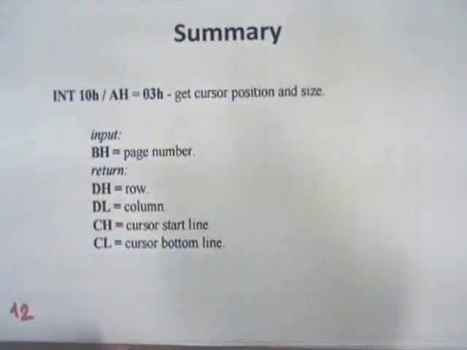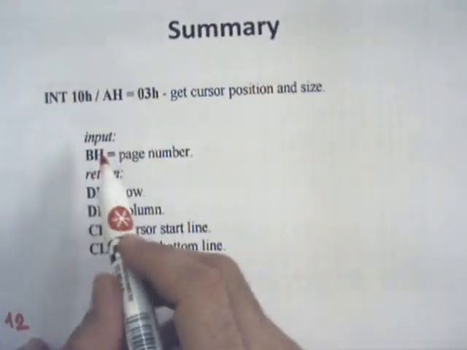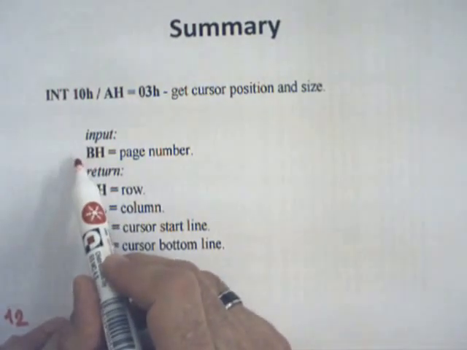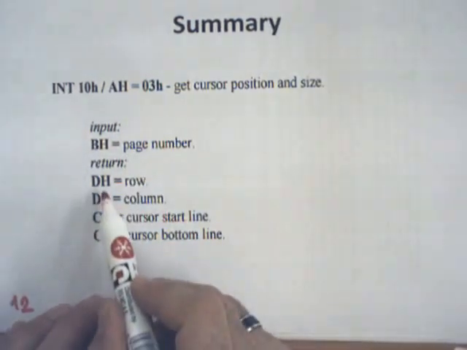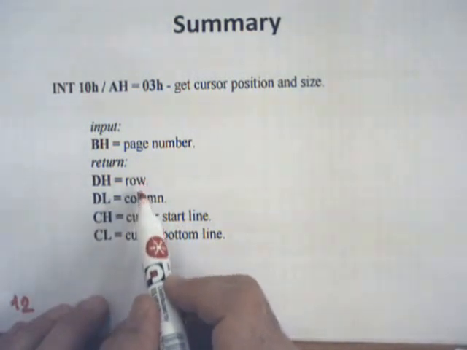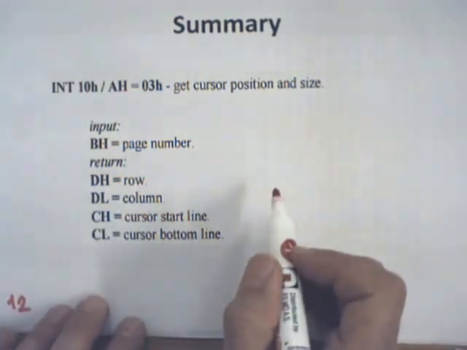For this interrupt, we get the position, cursor, and size. The value in the B register is related to page number, and the D register contains rows and columns. The C register contains the cursor start line and bottom line.